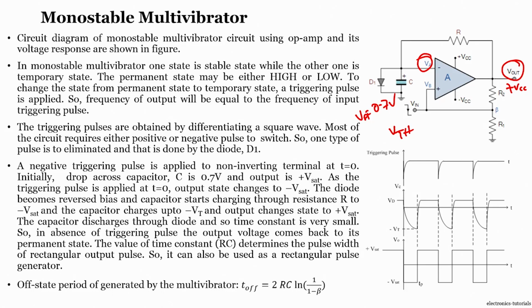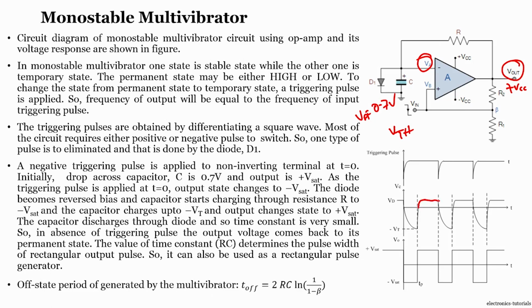Because the diode can only reach up to 0.7 volts, the capacitor will be in a charging state. That is why when you look at the figure, whenever the output is positive, the capacitor charges till Vd, then it is constant.